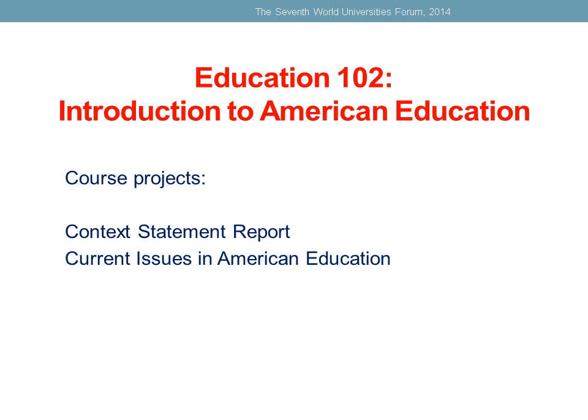Freshman students taking Education 102, Introduction to American Education, work on two major projects: the context statement report, where they need to analyze the school in the context of its district and community, and current issues in American education, where they need to make group presentations on controversial issues related to the American education system. There are usually between 80 and 85 students in this course section.